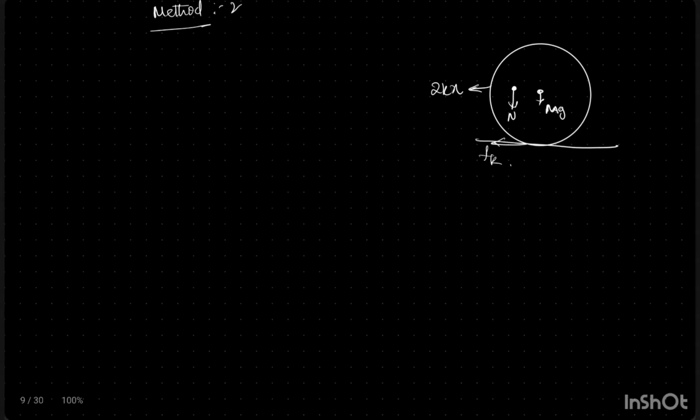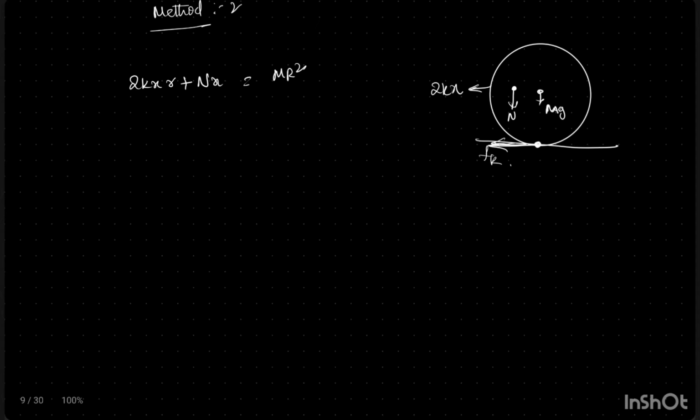All we care about is what is acting as a torque. If it is passing through the center, we don't even care about it. So let's write the torque for that one: 2kx into r plus N into x is equal to m r square.